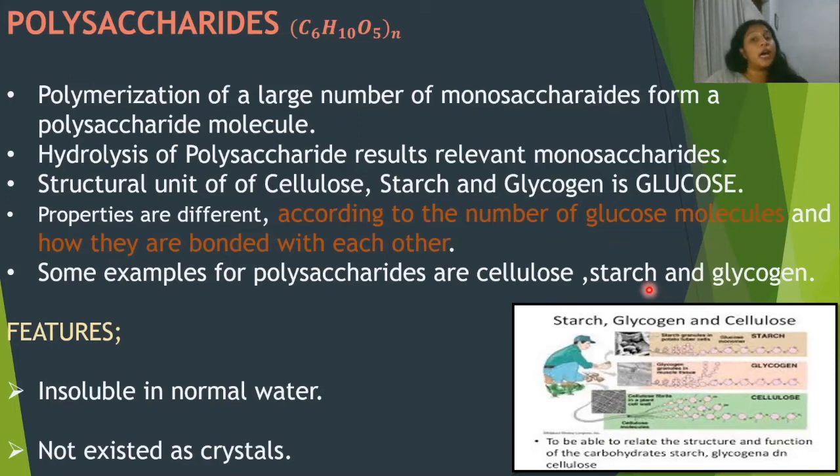Polymerization of a large number of monosaccharides. You know what polymerization is, right? Polymerization means a gathering of units. Let me show you an example. Now I'll get some clips.